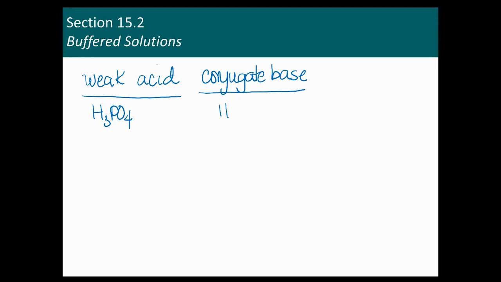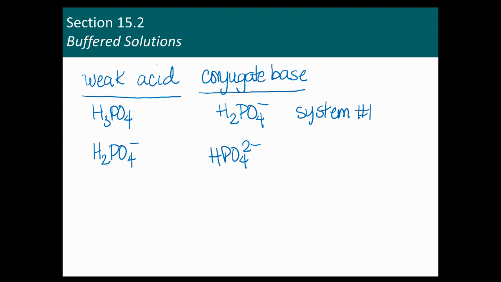Its conjugate base is H2PO4 minus, one less proton. So this is one buffer system. That's a different buffer system from H2PO4 minus with its conjugate base, which is HPO4 2 minus.